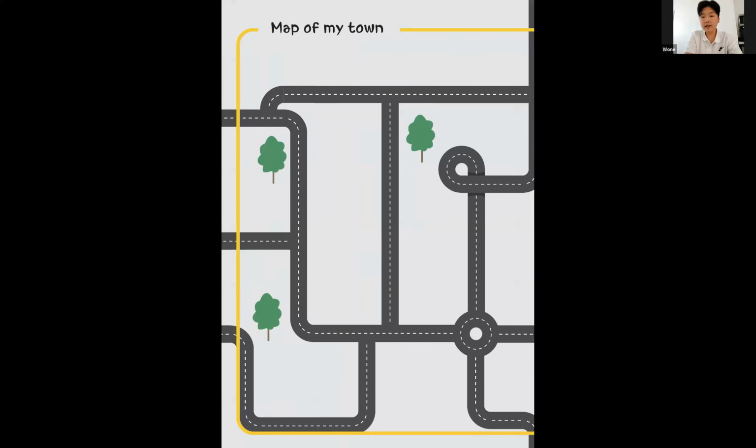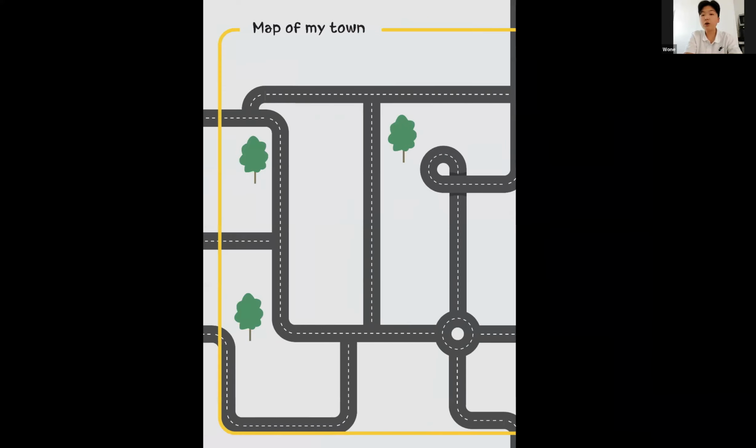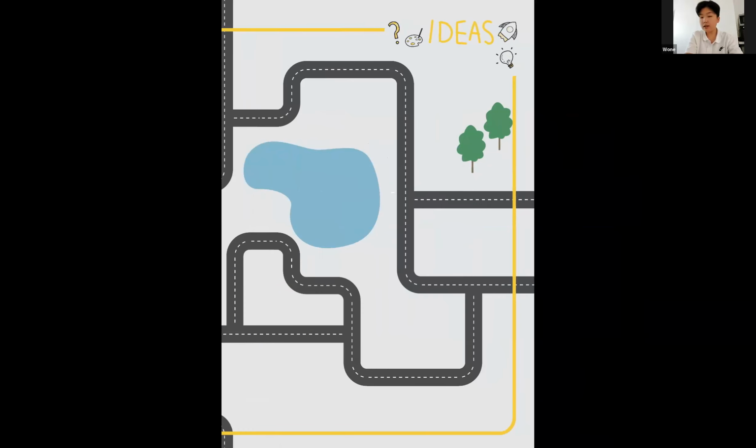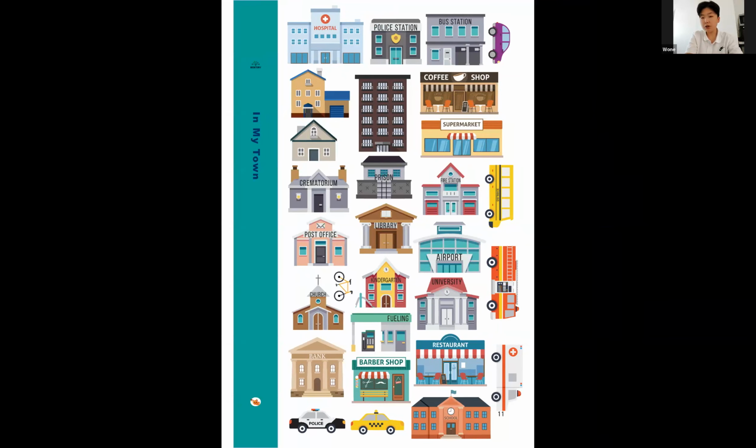So here is a given map of a town. You are going to create your town by using this map, and you're going to fill it up using these pictures. You're going to cut them out. You're going to show me in your town where your house is, where the bus station is, where the hospital is, police station, coffee shop, library, airport, restaurant, barber shop, bank, church, post office, fire station, prison.